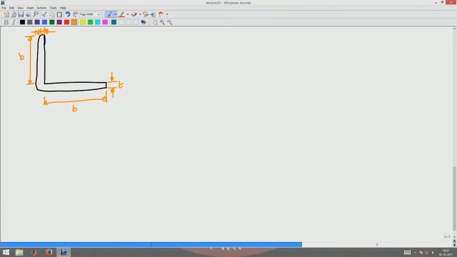Now, first you have to find where the CG of the cross section is, right. First you have to find the CG or centroid of the cross section.